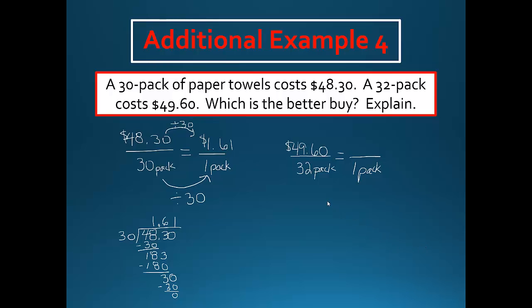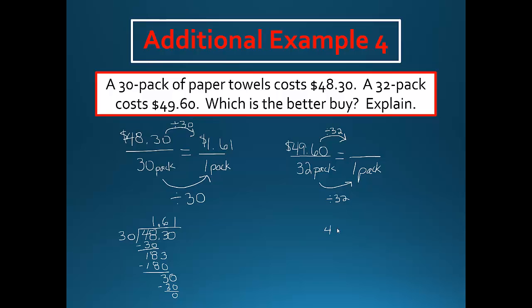Now I'm going to do the same thing for our other pack. If we have 32 packs and we want just to know how much it was for one pack, we're going to have to divide by 32. So I'm also going to need to divide the numerator by 32.